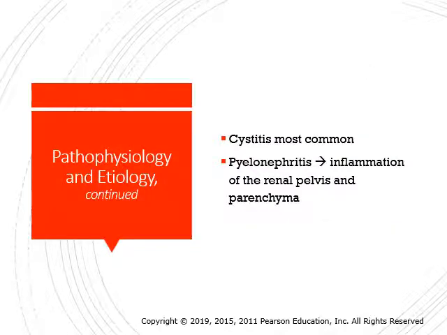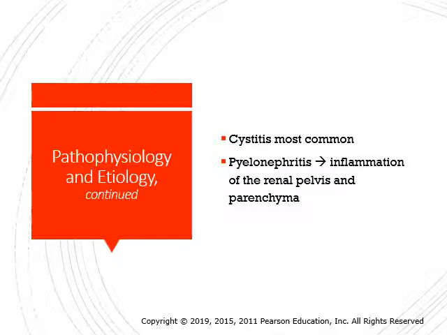Urinary tract infections can occur in various locations along the urinary tract. Cystitis is the most common type of urinary tract infection, and pyelonephritis is the least common. Pyelonephritis is the inflammation of the renal pelvis and the parenchyma. So this is way up high in the urinary tract.